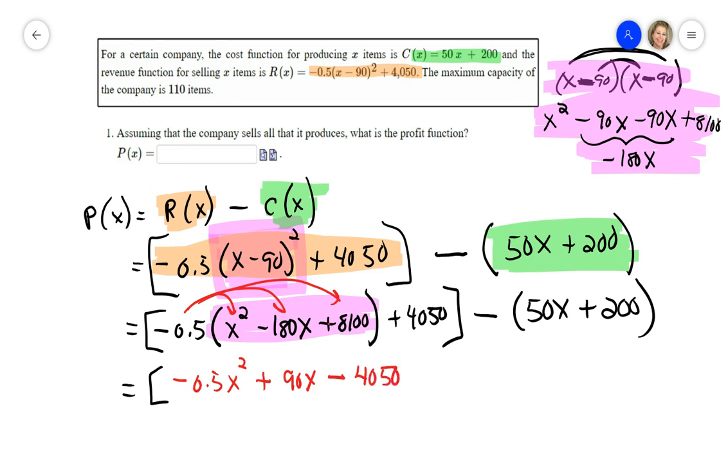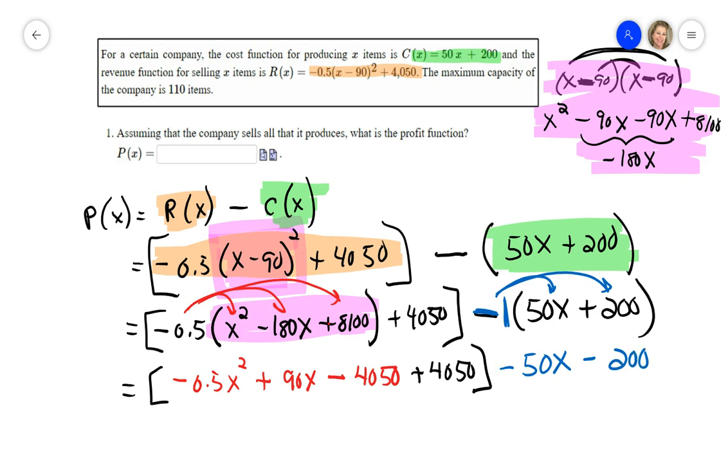Now that is where the distributing ends for that set of parentheses. You do not distribute it to the plus 4050 right here. And then back here, I'm going to take this minus invisible 1 and distribute it to get rid of these. And that's going to be a minus 50x and a minus 200.